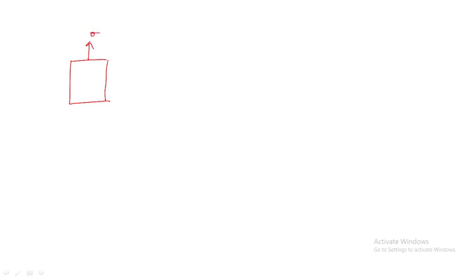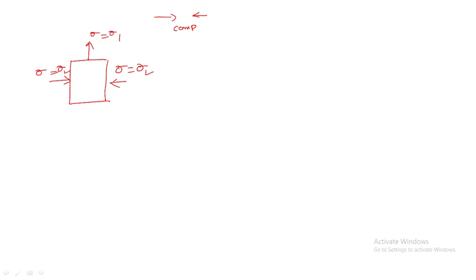So we can say this is stress sigma 1, and here also they have given sigma 1 equal to sigma 2. Whenever it is like this, with two arrows, this is compression. So you can see there is a compression here.